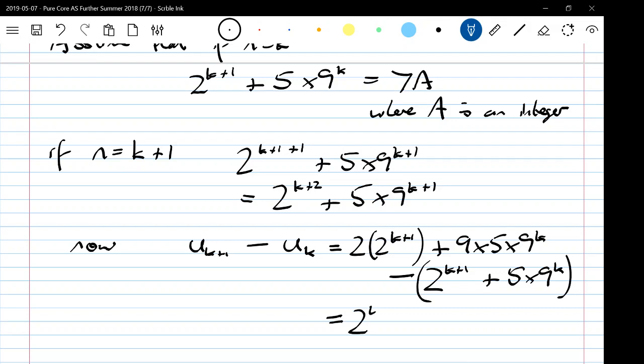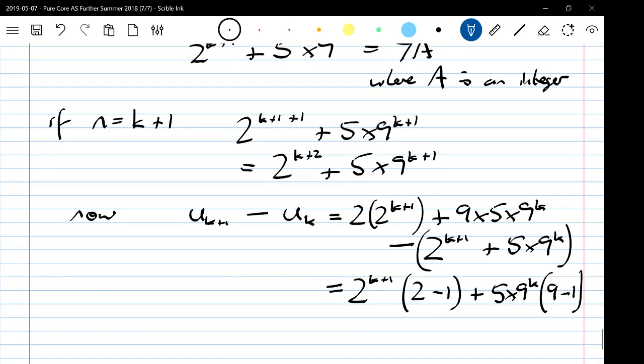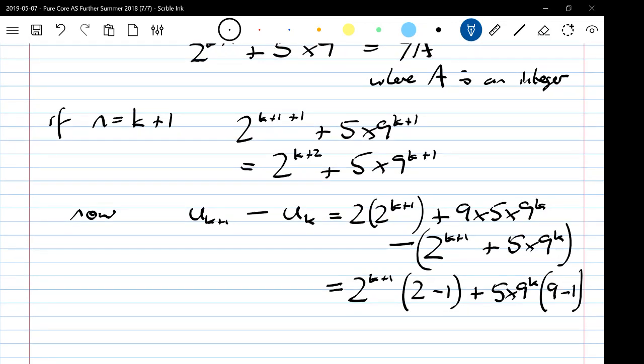So we've got 2^(k+1) times 2 minus 1, because there's 2 of them there, take away 1 of them there. We've also got 5 times 9^k, and we've got times 9 take away 1. There we are, so we've got that expression coming out of this.